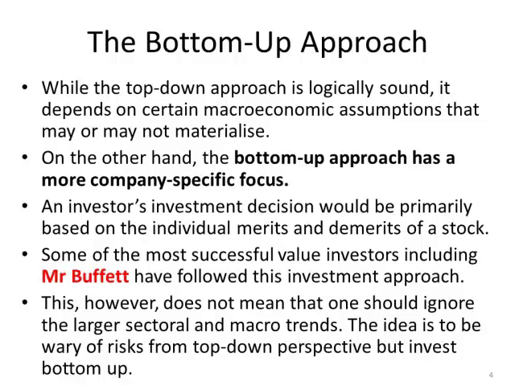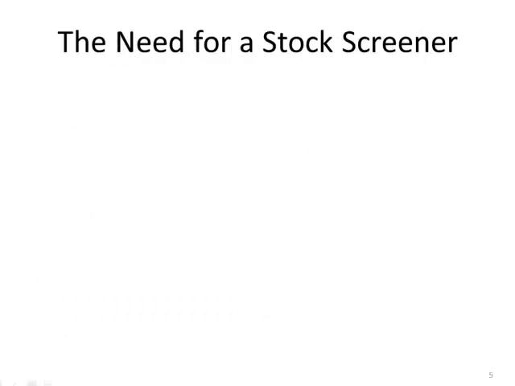That's the bottom-up approach, and this lecture is going to be focused on following this approach, and stock screeners will be exactly how to do that. The need for a stock screener.